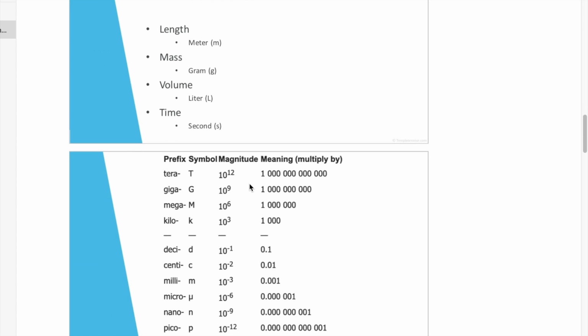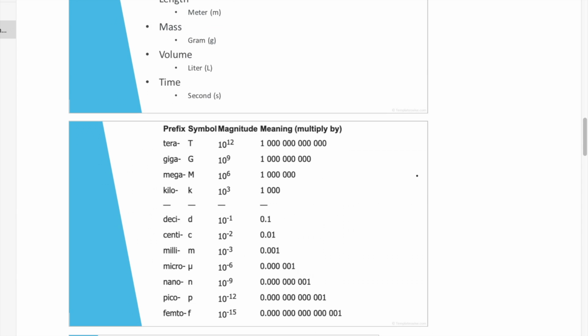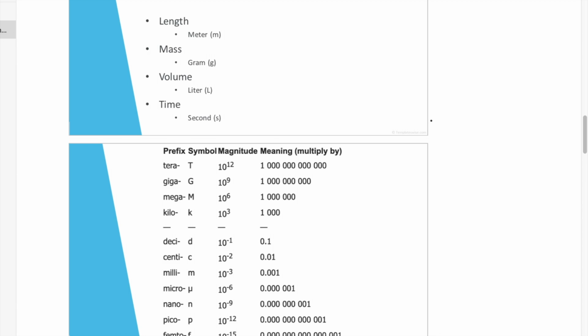Now we can add on prefixes to those units. It's important to understand what these prefixes mean and how they relate to their original units. Let's look at this prefix milli right here. Milli can be tagged on to any of these base units. You can have a millimeter, a milligram, a milliliter, and a millisecond.